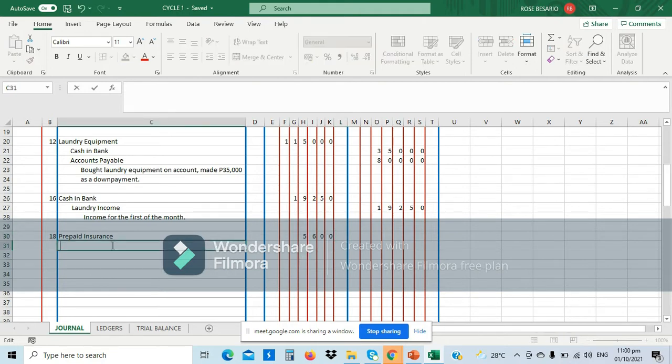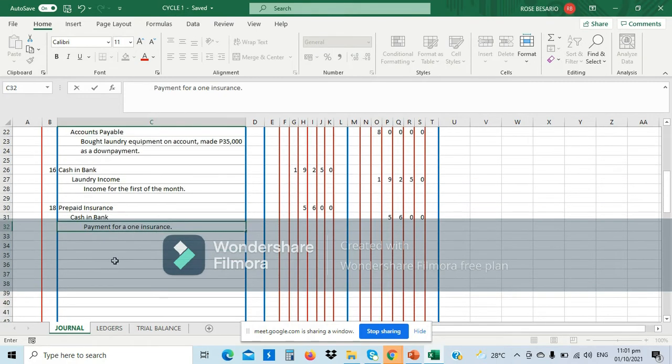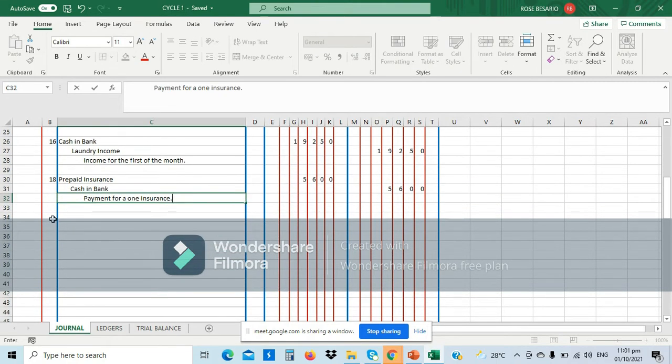Then we credit cash or cash in bank, 5,600. Then our explanation is payment for a 1 year insurance. Okay, then leave one space.